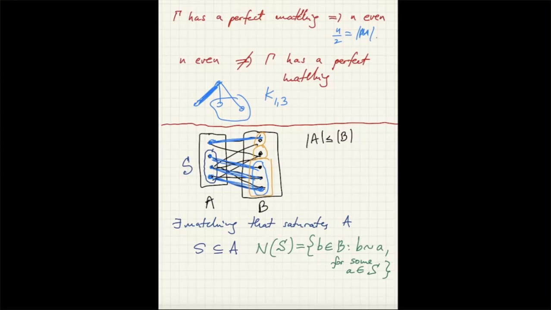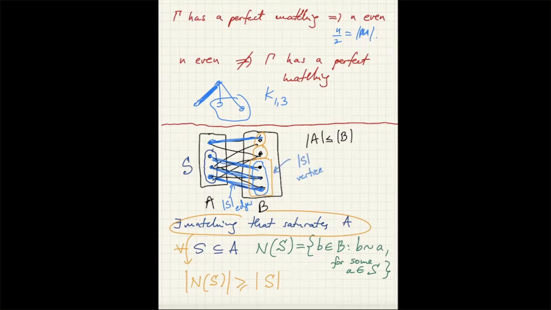But one thing we are certain of is that because there is a matching that saturates A, for any S in A, the cardinality of the neighborhood of S has to be greater or equal than the cardinality of S. This is because the neighborhood of S contains the endpoint in B of each matching edge, and since we have cardinality of S edges from the matching, the neighborhood of S contains at least that many vertices.